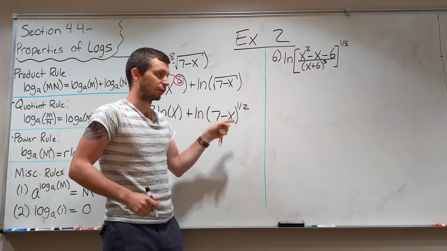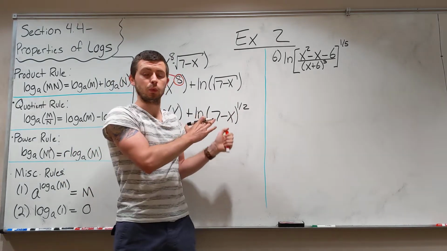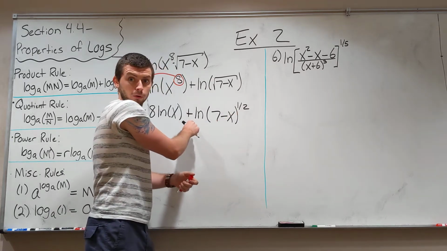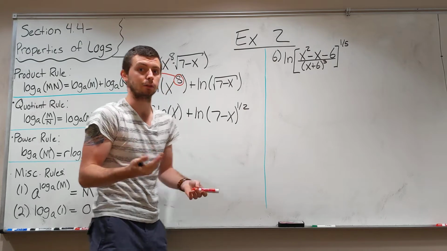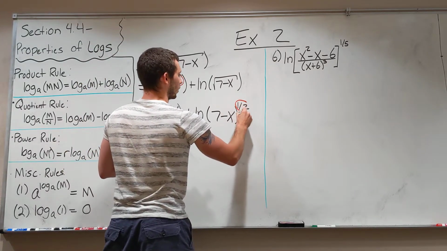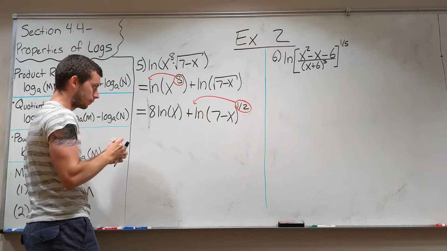Remember, the square root means the 1/2 power. And MyMathLab will make you identify this so you can bring the power to the front. So this is something you definitely need to identify moving forward. But once you do, now you know that the 1/2 power can come up to the very front.